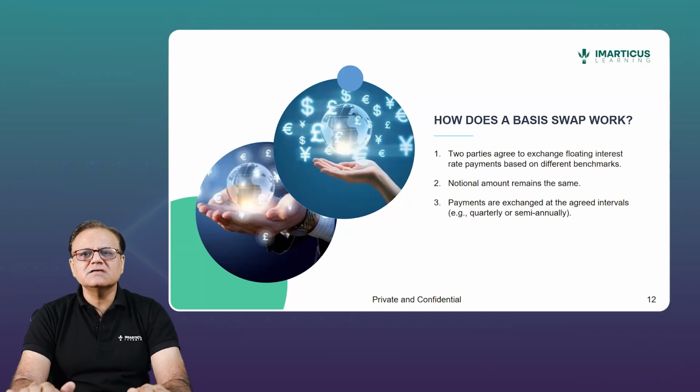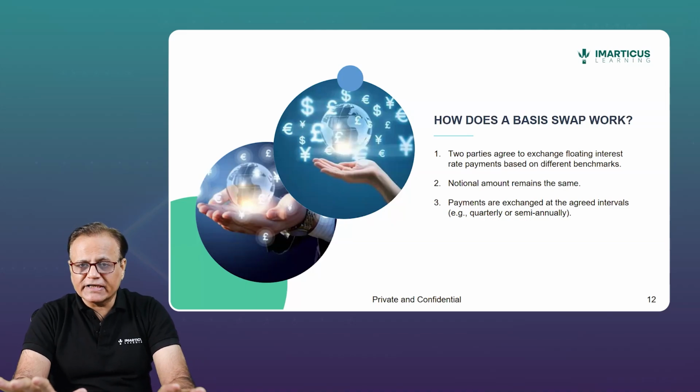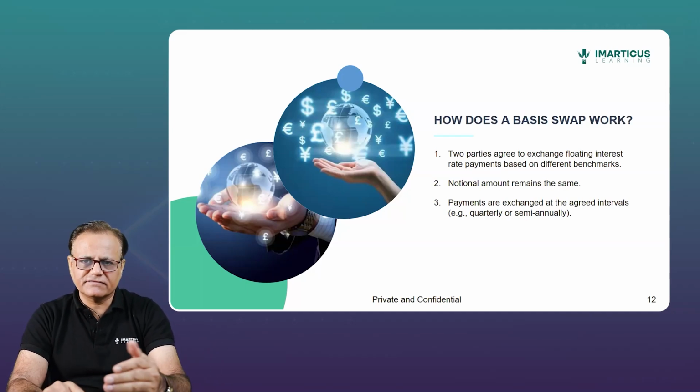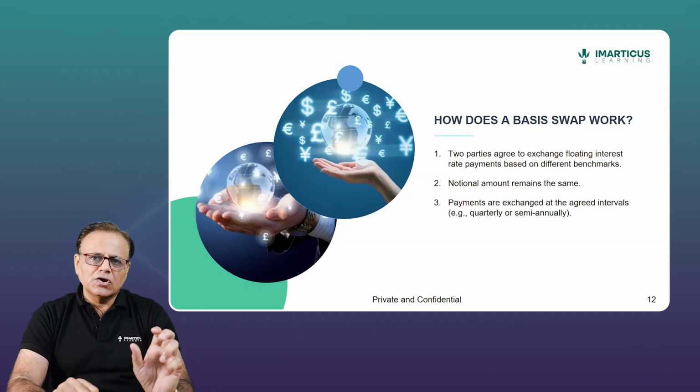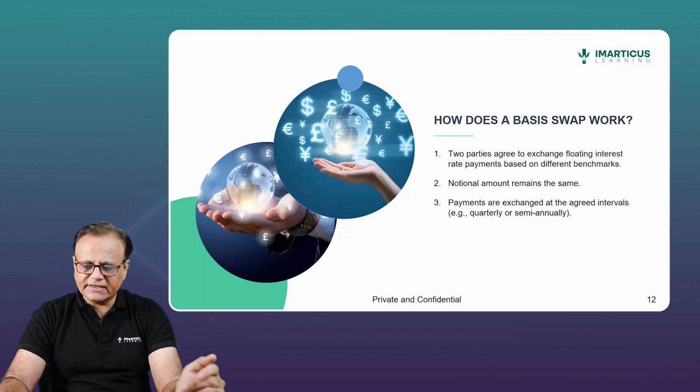So the notionals, which are the principals, remain the same. The interest rates are benchmarked because they are floating, and floating means it will change every regular periodic interval that has been agreed on. So the two different benchmarks are taken into consideration, and based on that, these interest rates are exchanged at, of course, the agreed intervals.